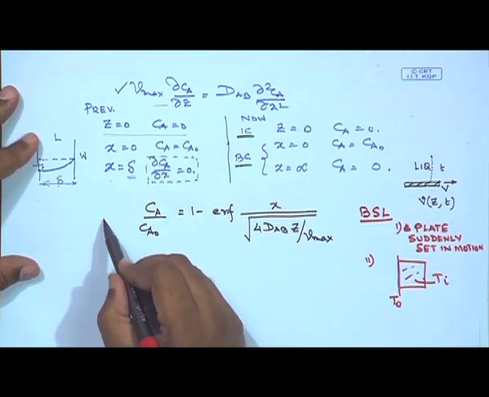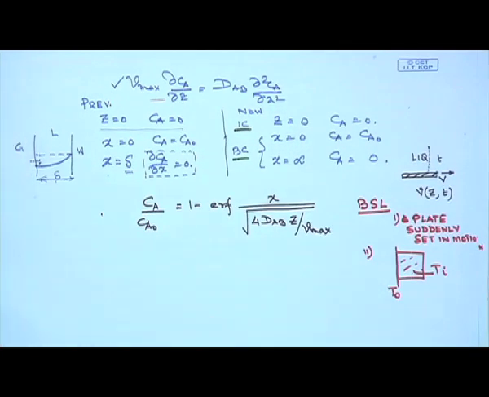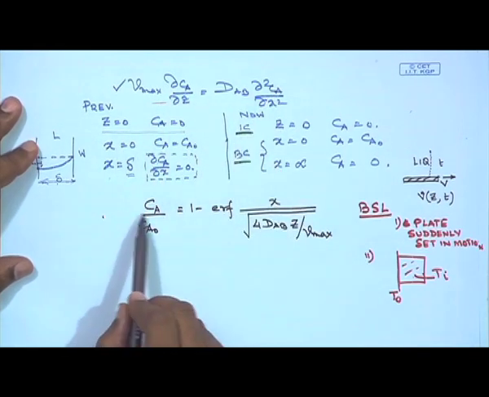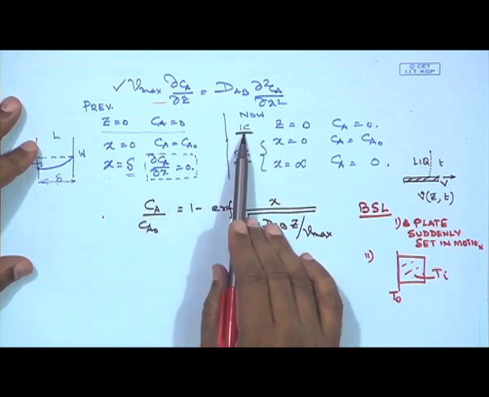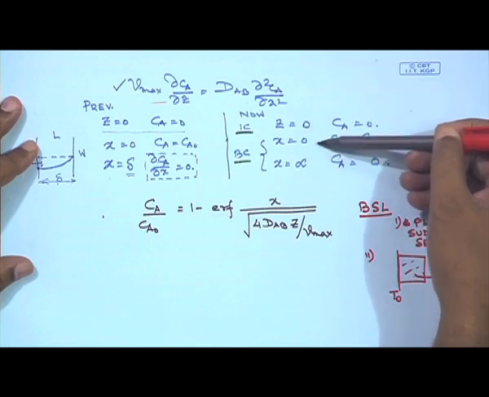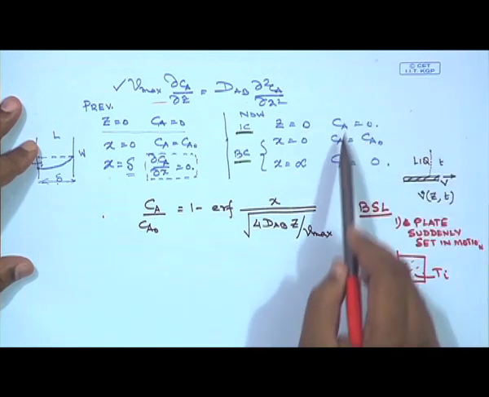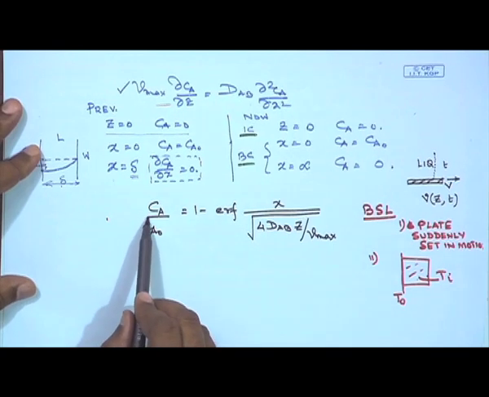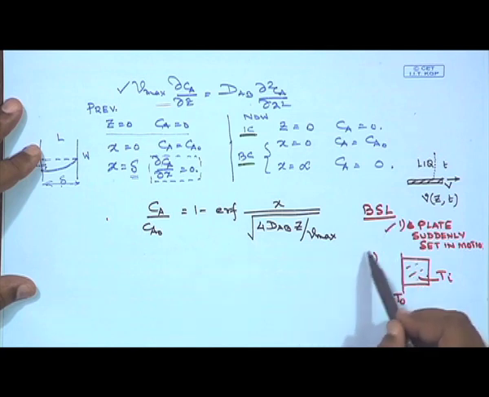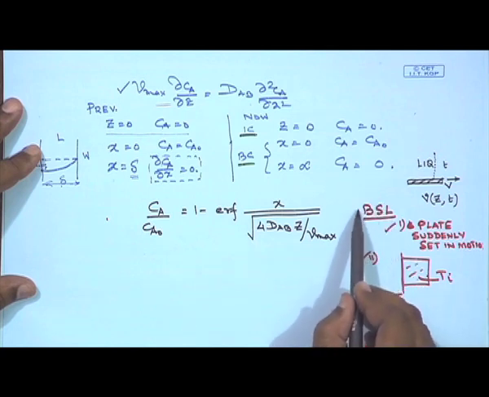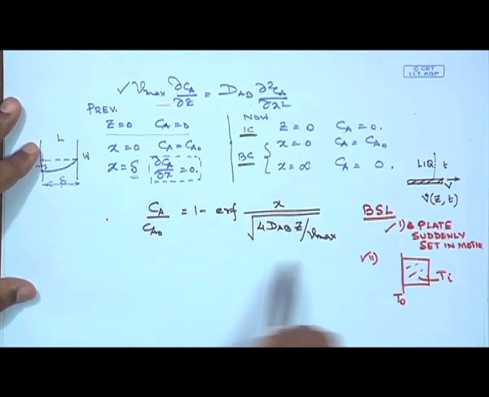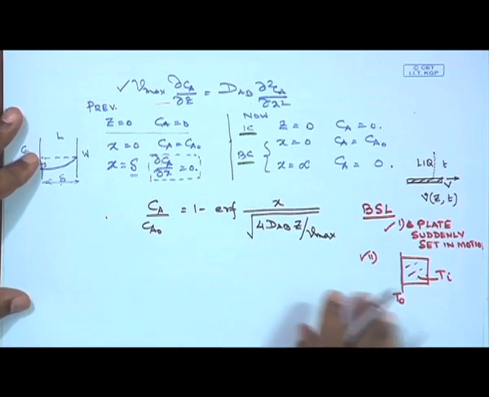So, this error function solution is quite common in many fields of transport phenomena. If you get the equation in this form, and your initial condition and boundary conditions are like this, one at z equals 0, one at x equals 0 and x equals infinity, then the dimensionless concentration can be written in the form of error functions, and you can simply cite any one of these two, which is solved in detail in Bird, Stewart and Lightfoot, and you can check how you are going to get this, which I will not use anymore.